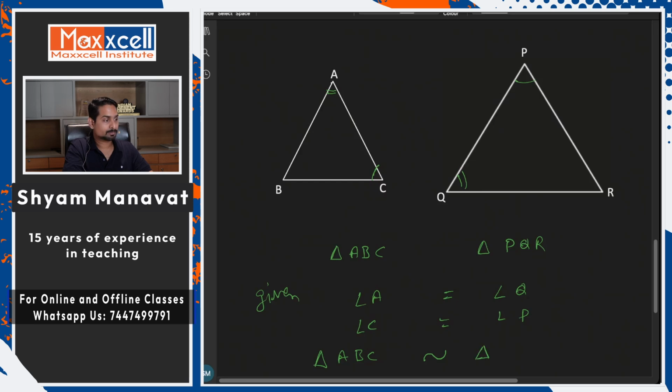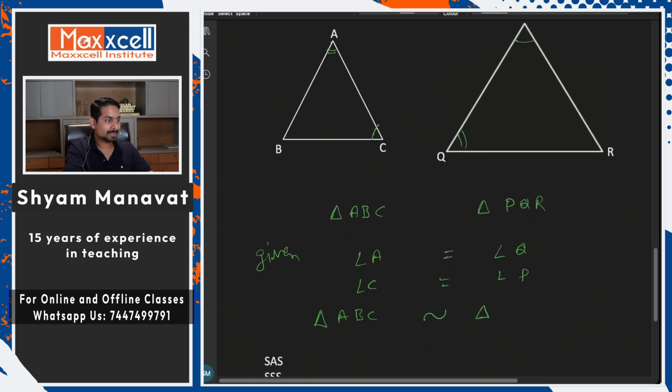PQR? No. Look at the corresponding points. A has the corresponding point Q, and C corresponds to P. C last, here P last. So who will come in the middle? The remaining one, which is R. So triangle ABC will be similar to triangle QRP.